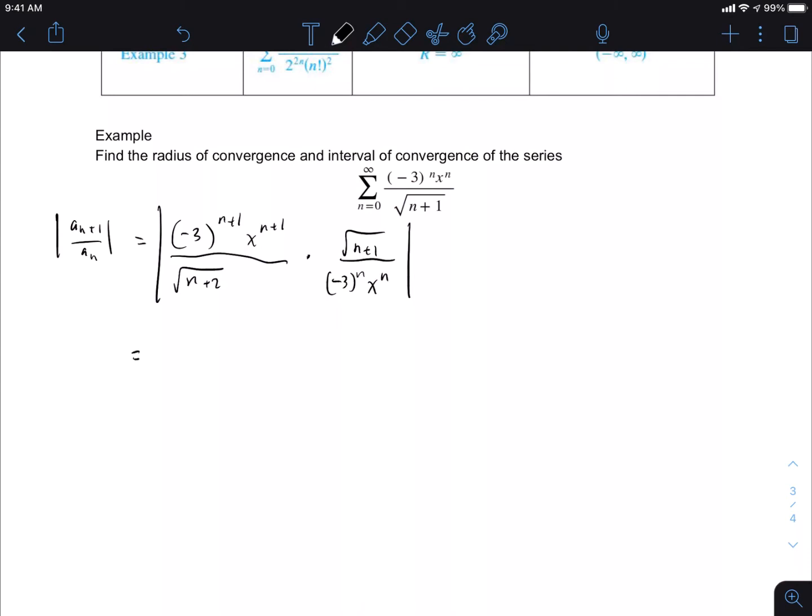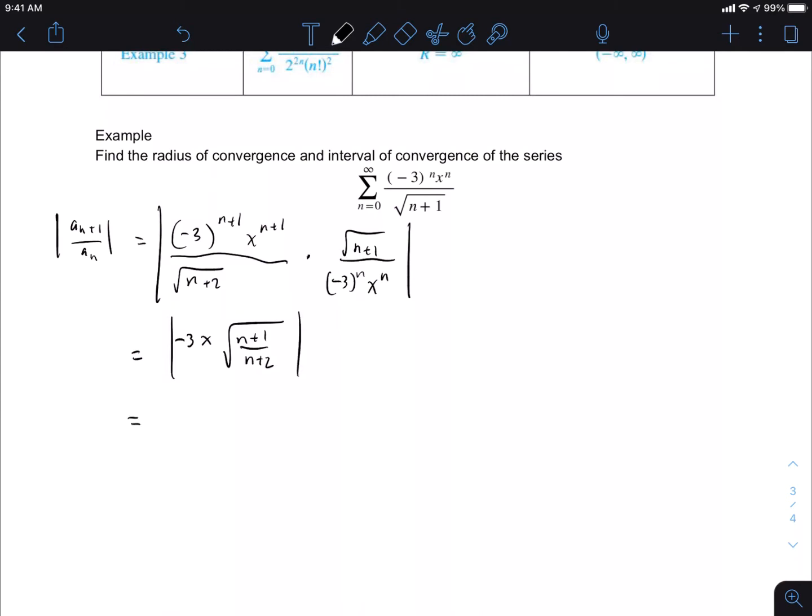And then we see that this is just some algebraic manipulation, so you should be able to see that we're going to get -3 times x, and we're going to end up with the root of n plus 1 over n plus 2, and this should be an absolute value.